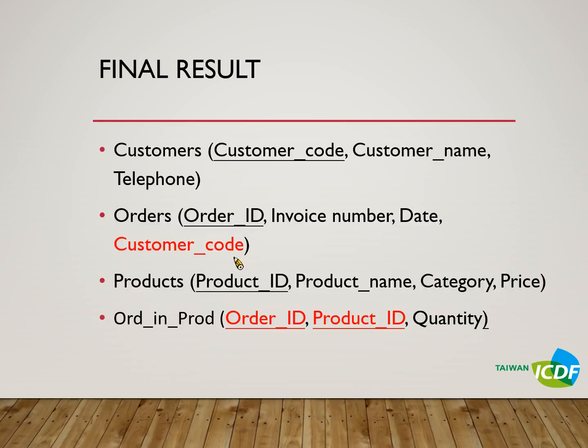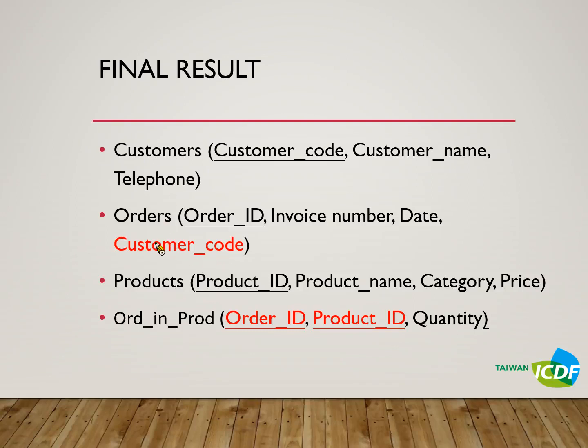After converting the relationship, the orders table contains an extra attribute, customer code, which is the primary key of the customers table. By adding this attribute, it can reveal the relationship of orders and customers.